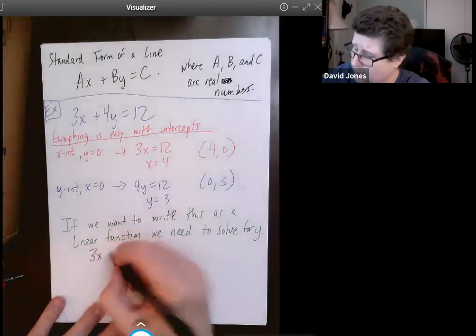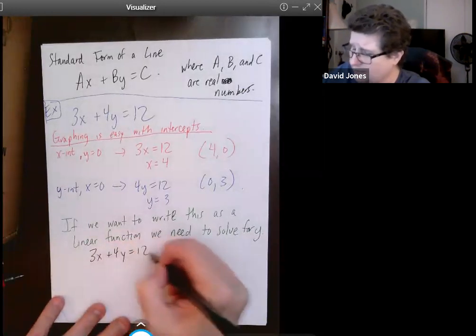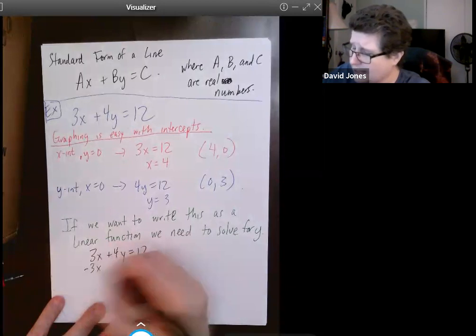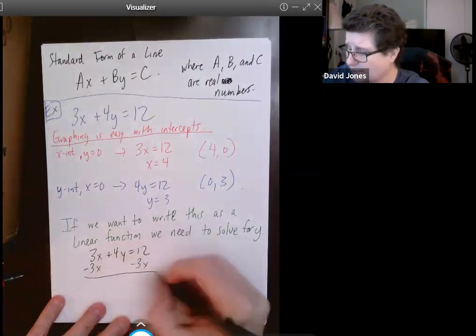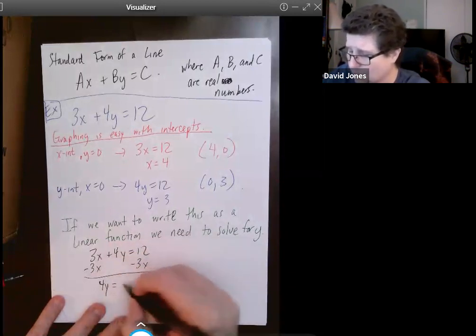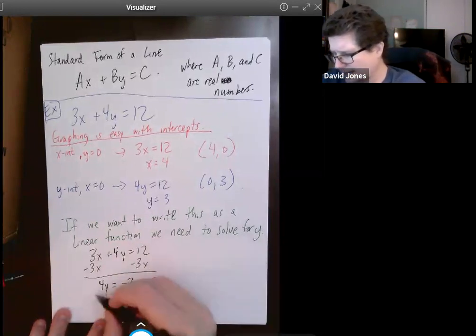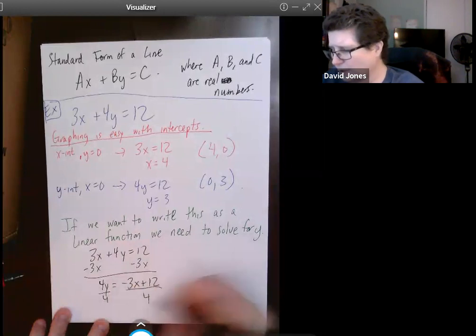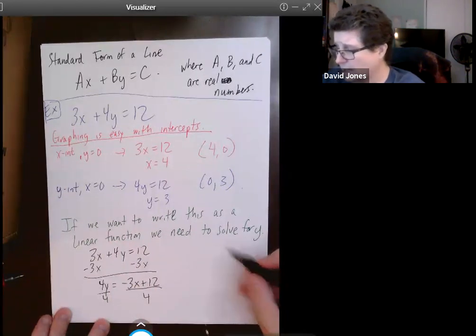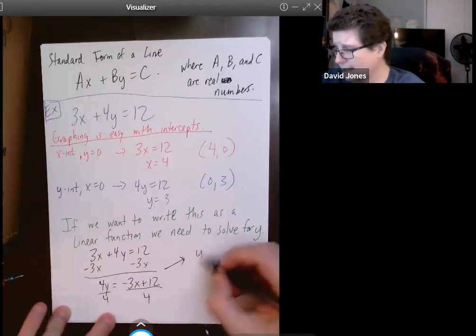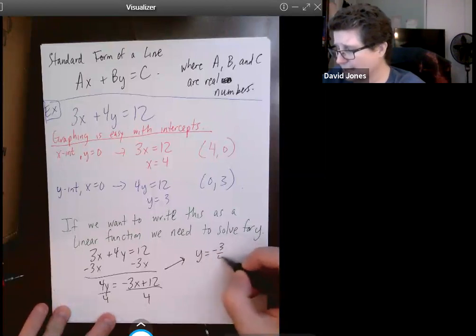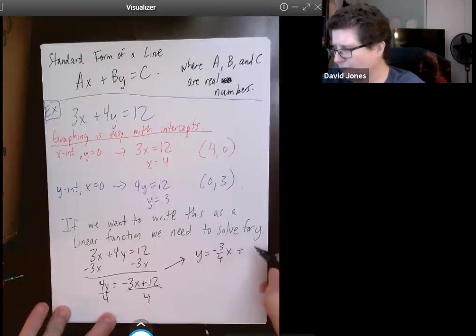So 3x plus 4y equals 12. I can subtract 3x from both sides, and I get 4y equals negative 3x plus 12. I can divide both sides by 4, and I get y equals negative 3/4 x plus 12 over 4, which is 3.